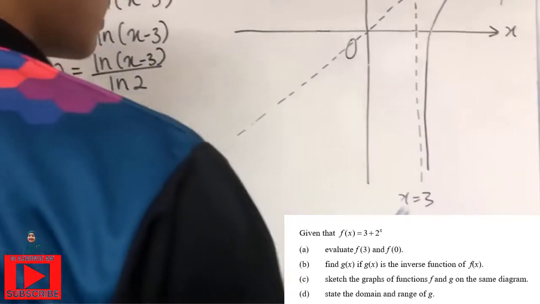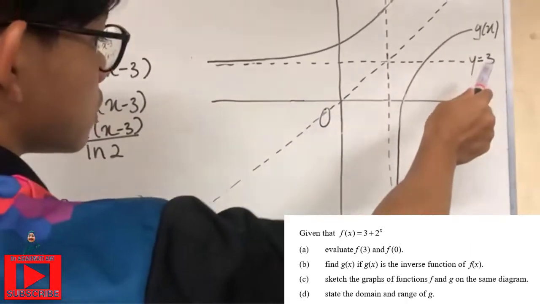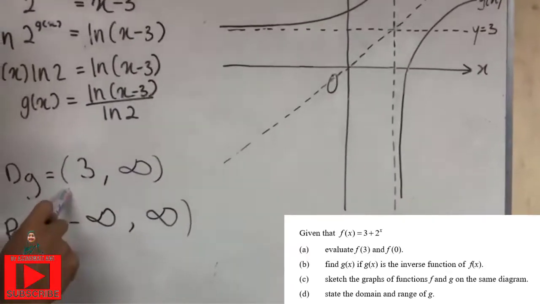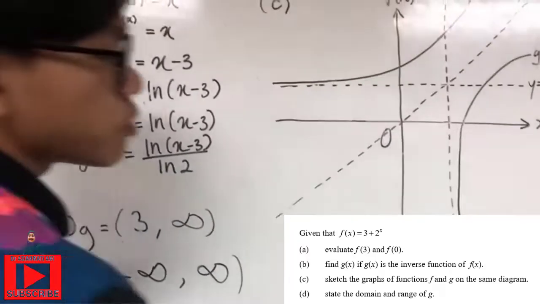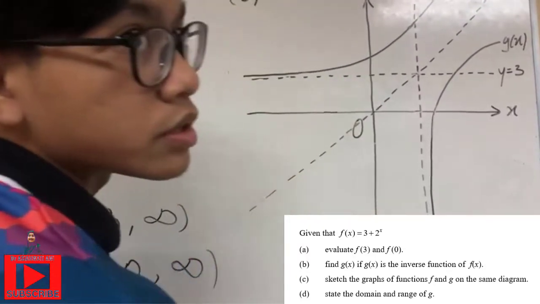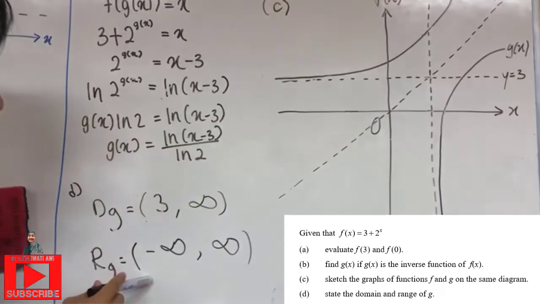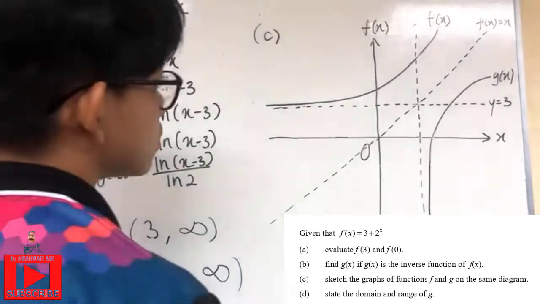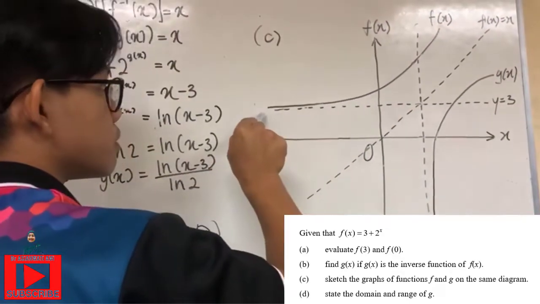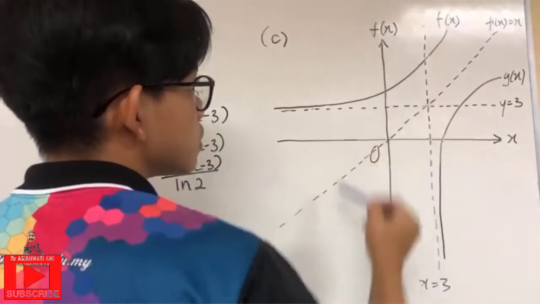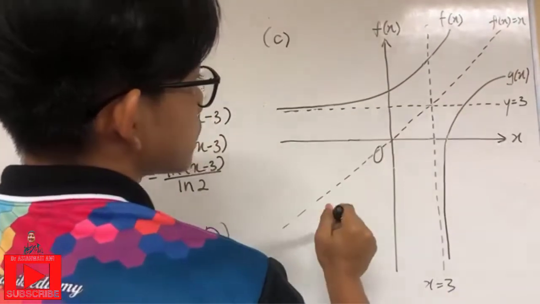Sebab dia daripada 3 to infinity. Kenapa dia open bracket? Sebab dia punya ni tak dekat dengan 3 pun. Sebab tu dia jadi open bracket bukan close bracket. Okay, untuk range g dia negative infinity to infinity. So ni dia punya reflection. Sekian, terima kasih. Okay, faham eh?